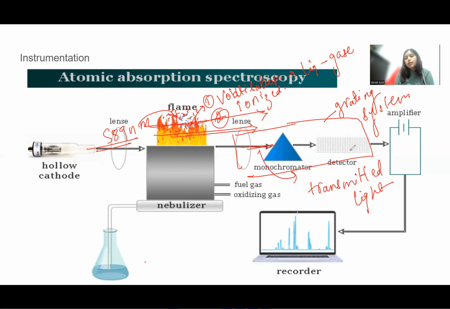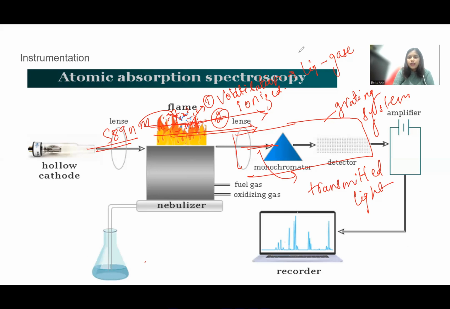Our detector detects this transmitted radiation and we see the result as transmittance. But now we have software which automatically converts transmittance into absorbance. The relation between transmittance and absorption is inverse. That is very evident, right? Whatever is not absorbed will be transmitted. Hope this part is clear.